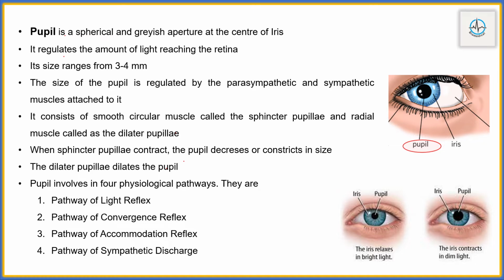The dilator pupillae dilates the pupil in contrast. The physiological function of the pupil involves four pathways. They are the pathway of light reflex, pathway of convergence reflex, pathway of accommodation reflex, and pathway of sympathetic discharge.